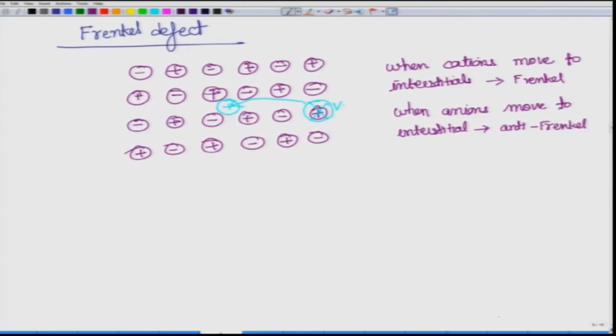Now, over here the formulation would be similar to the one that we have been using for vacancies, and the one that we used for self interstitial.